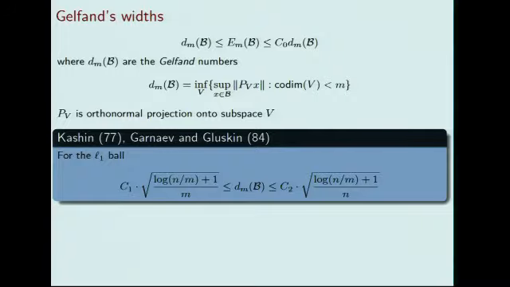It comes out to be, within a constant, the square root of log n over m, plus 1 divided by the square root of m. So from the lower bound we see at the top, the minimum error by taking any kind of adaptive measurement and any reconstruction algorithm whatsoever will have to be greater than the Gelfand width. So it will have to be greater than this.